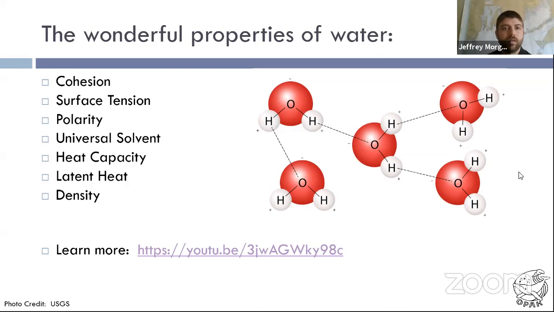Heat capacity is a really cool property of water. It's actually really hard to change the temperature of water, which is what we're thinking about when we're thinking about heat capacity. So it takes a lot of heat energy to change the temperature, the degrees of our water, which when we're talking about our oceans, which cover 71% of our globe, it takes a lot of energy to change the overall temperature of the ocean, which then goes into latent heat, which is a fancy term for how much energy it takes to go from different phases of water.